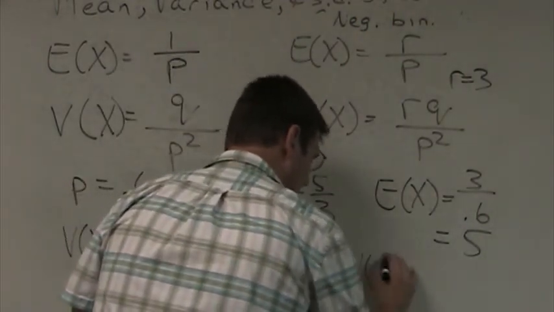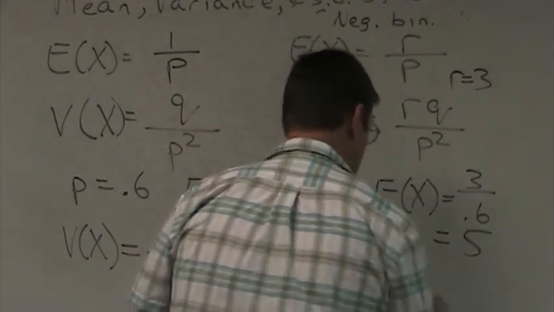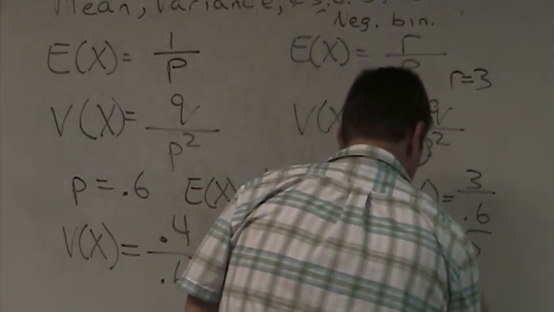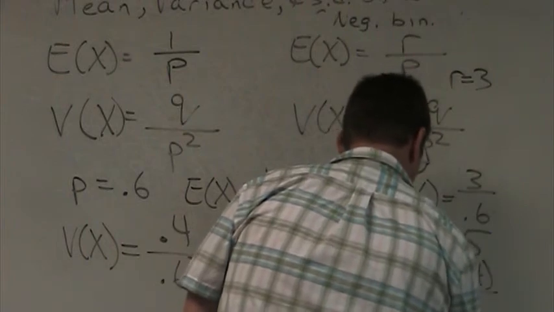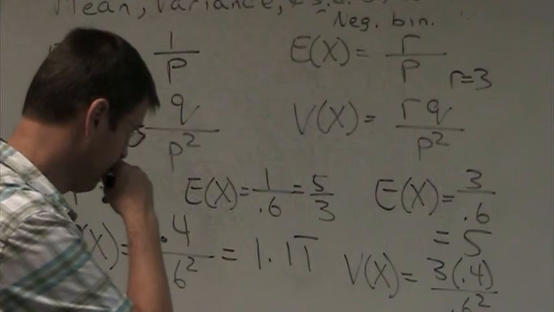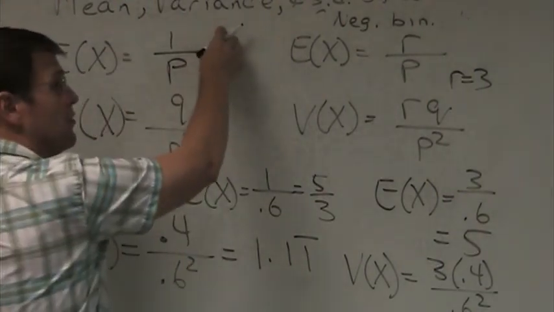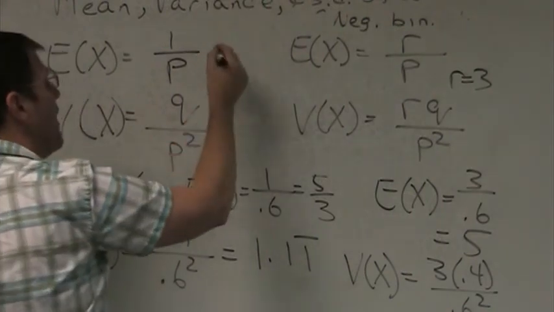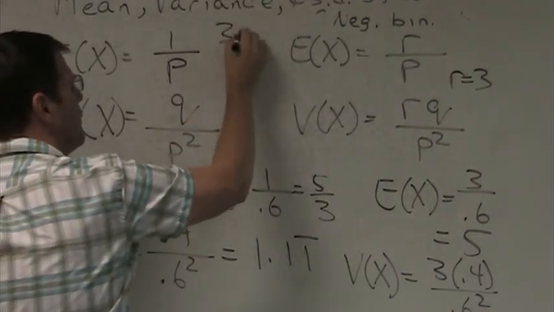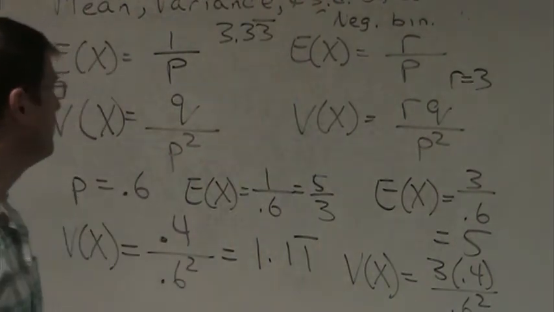And the variance of x is going to be 3 times 0.4 divided by 0.6 squared. Afraid I've run out of room here, so I'll just write up the results of the variance up here. That works out to be 3.33 repeating, or 10/3.